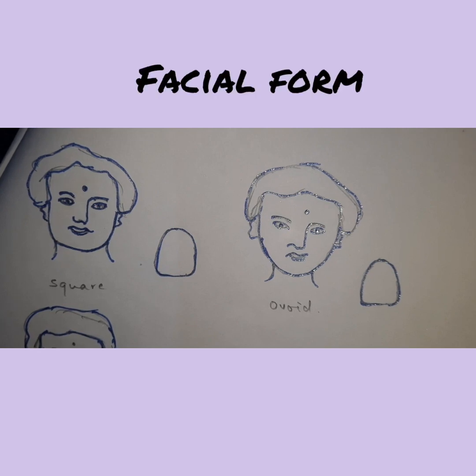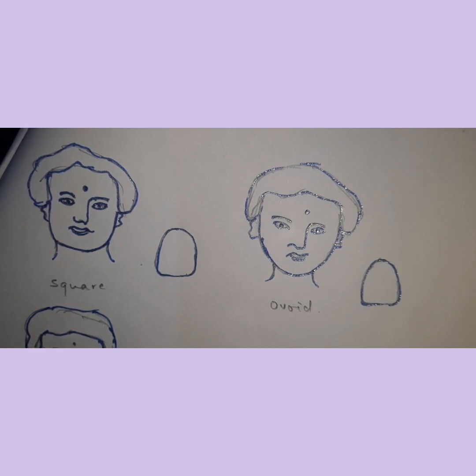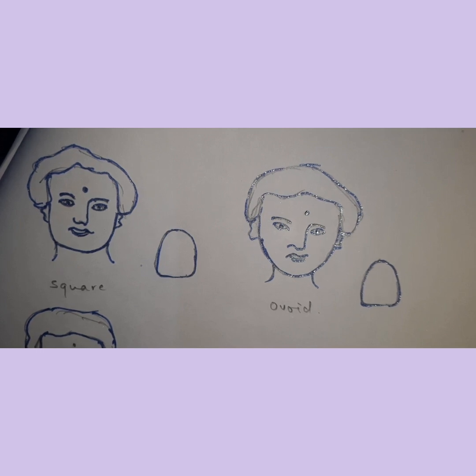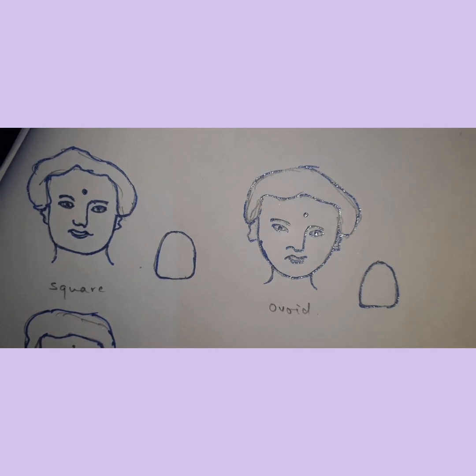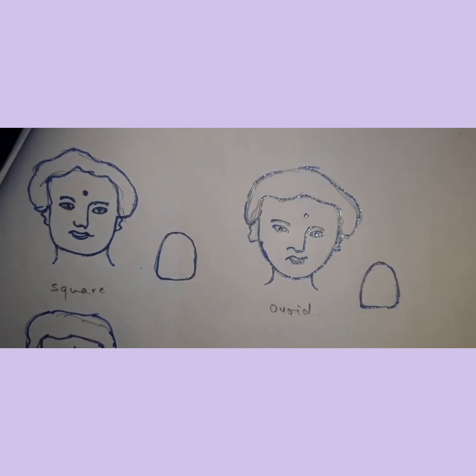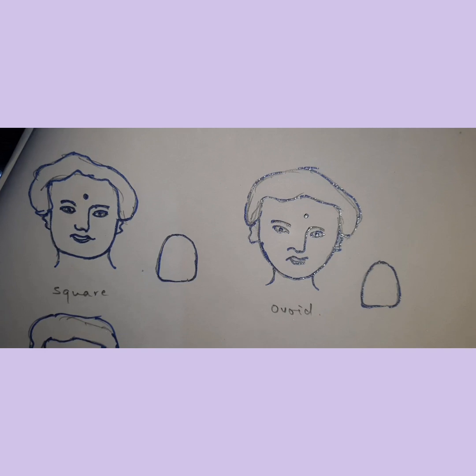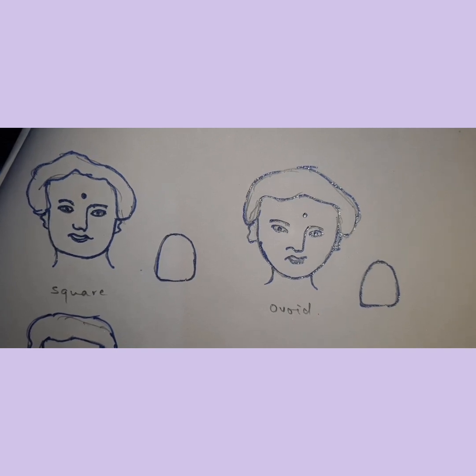According to Leon Williams, he classified maxillary anterior teeth on the basis of the typal form, into 4 types: square, tapering, and ovoid. These are the ways in which Leon Williams classified.